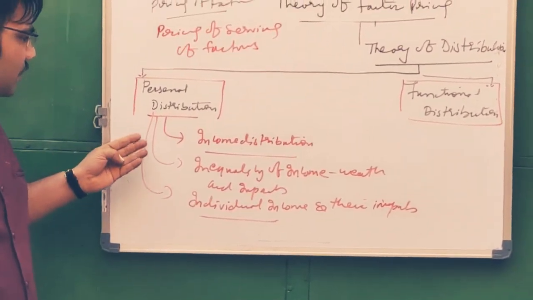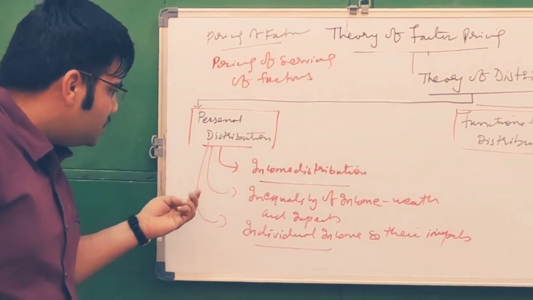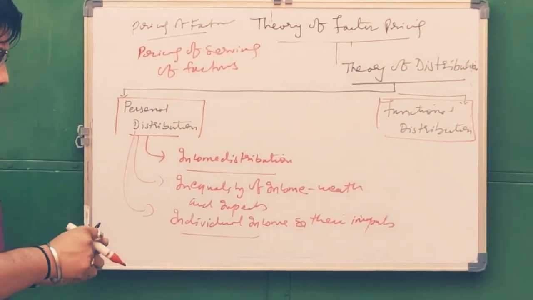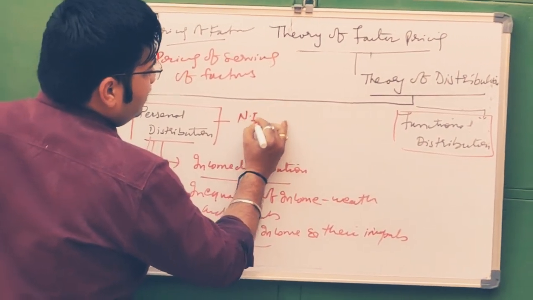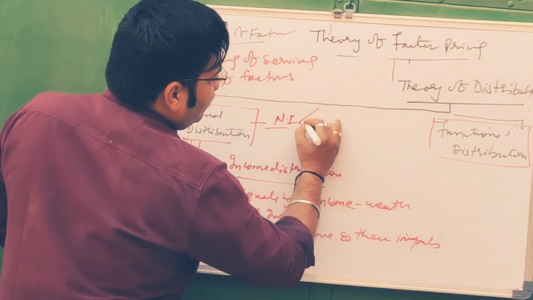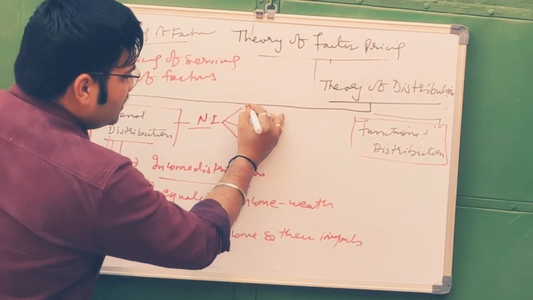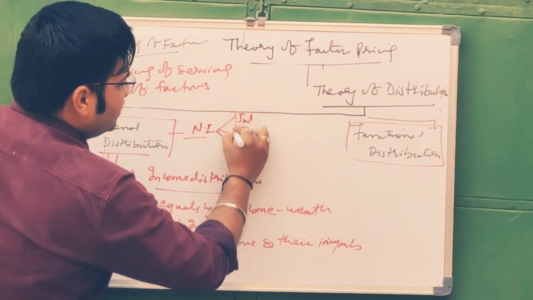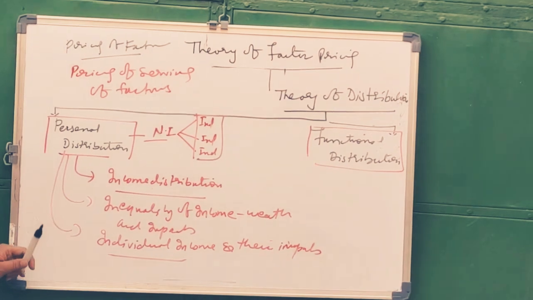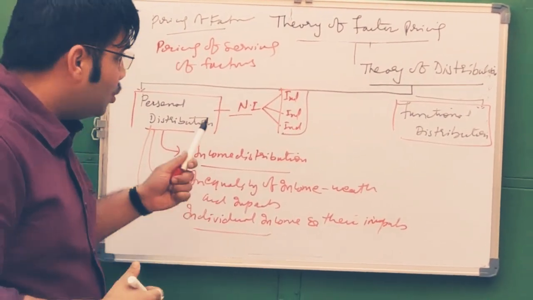We know that national income is distributed. Personal distribution shows that national income is distributed among various persons or individuals in the society. But this distribution, as is well known, is not equal.